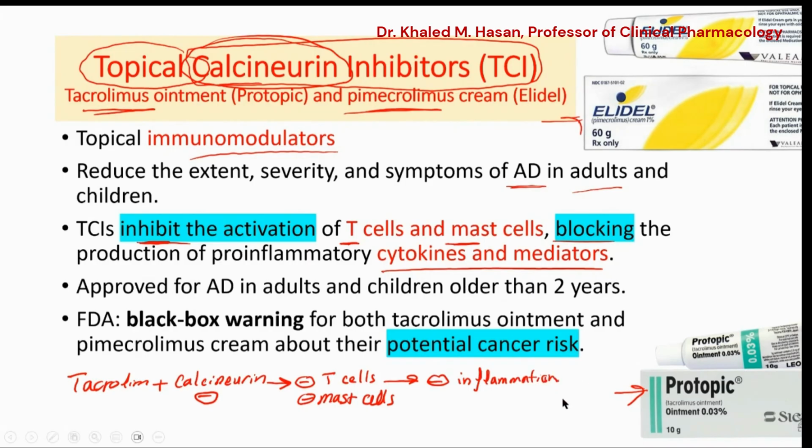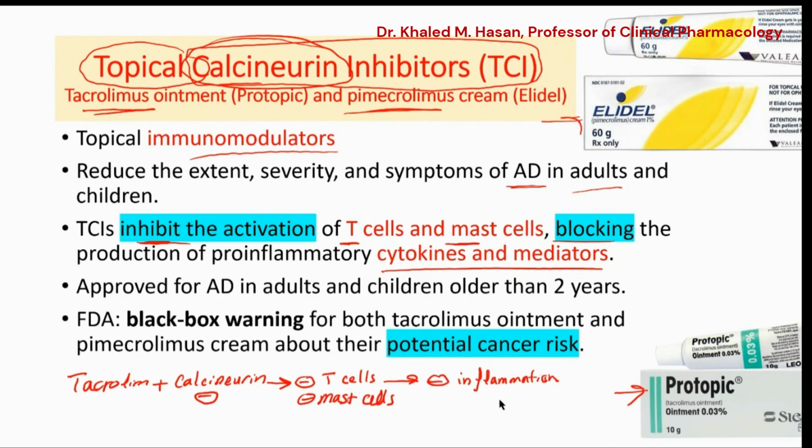What do you think of this abbreviation? Do you agree? Tacrolimus binds to calcineurin, inhibits calcineurin. This leads to inhibition of T cells and mast cells, and reduces the inflammation. This is a very important way to understand the situation, because I'm a little bit confused: the title is calcineurin, and in the middle we talk about inhibiting T cells and mast cells, but we know this is a consequence, not only one response.